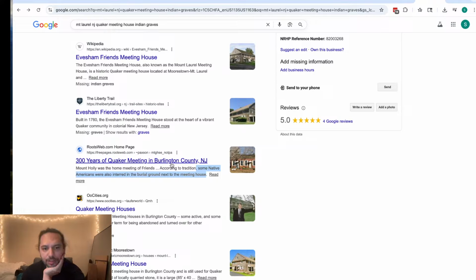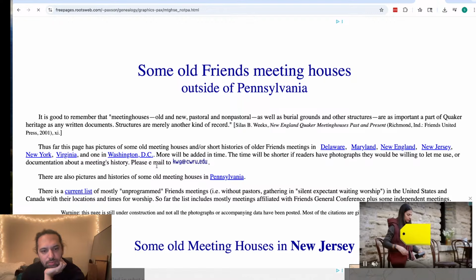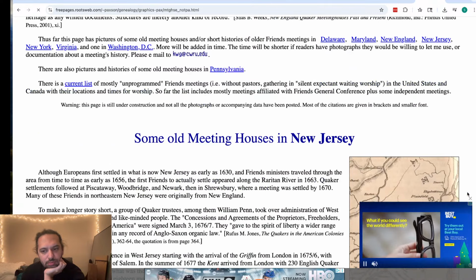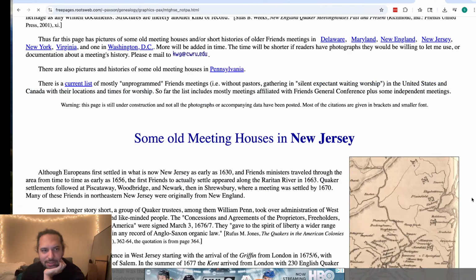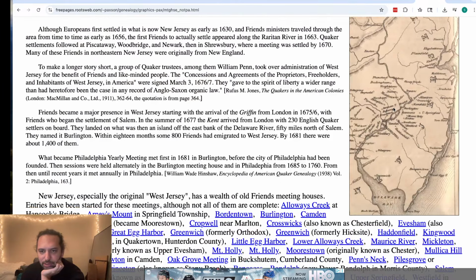This is Burlington, New Jersey, though. Ads on. That's so funny. Okay. Ooh, nice little map. Look at this map. I like that map.